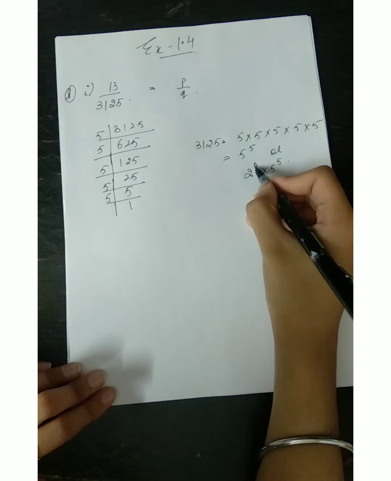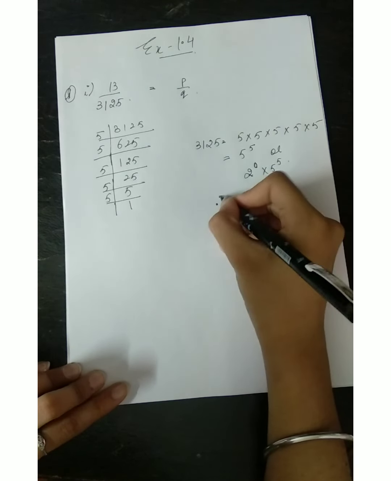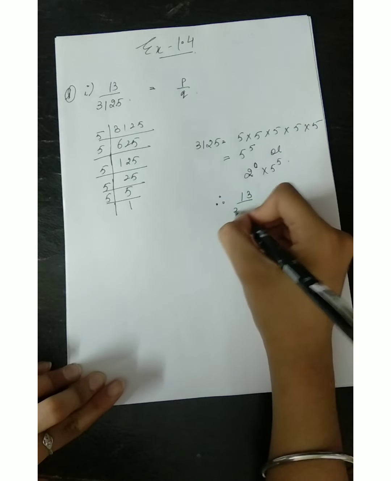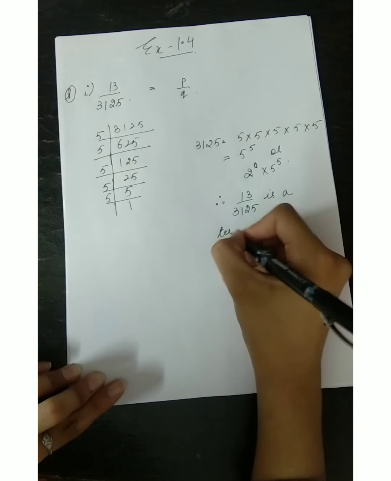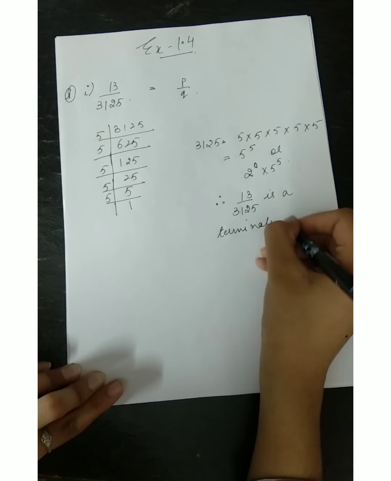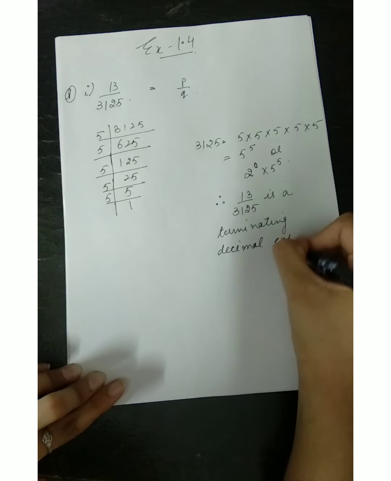Any number having power 0 is taken as 1. Therefore, 13 upon 3125 is a terminating decimal expansion.